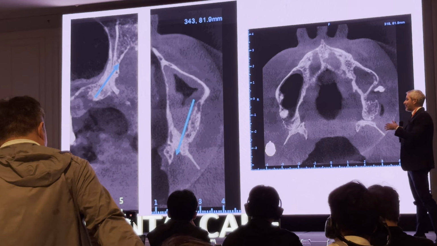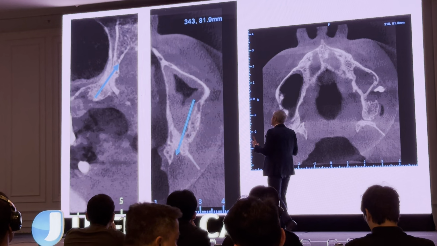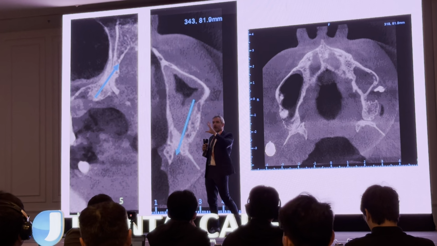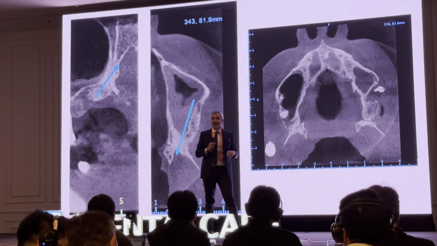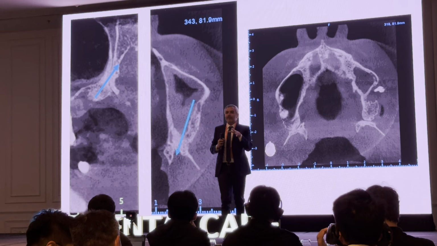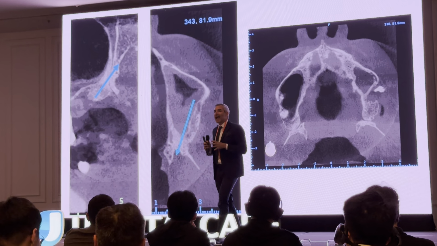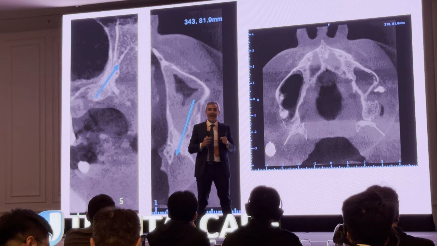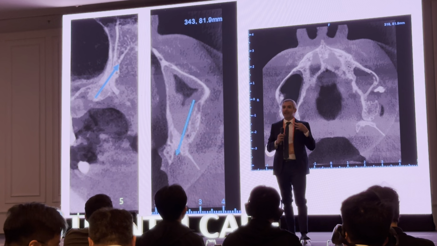So even if we plan a pterygoid implant guided with the digital technology, always follow the scheme, okay? From medial to distal, from lateral to medial. And have we to do big cortical anchorage, so entering inside the pterygoid fossa? Yes, we have to do it.